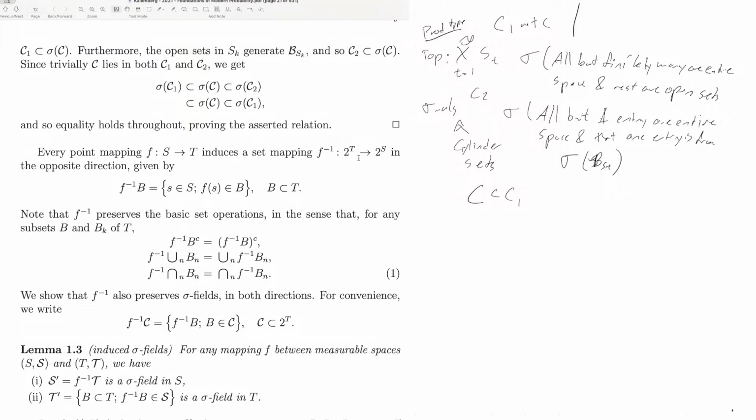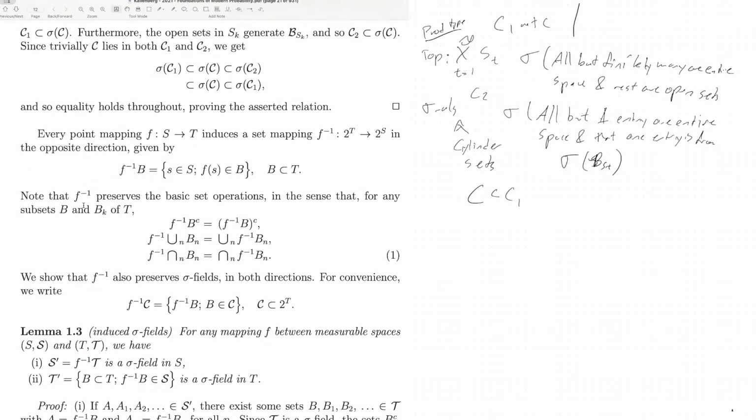Okay, so this is just defining inverses in the opposite direction given by f to the negative 1 of B, those elements s in S such that f of s lies in B, where B is a subset of T. Going backwards, T to S. Note that f to the negative 1 preserves basic set operations in the sense that these hold.